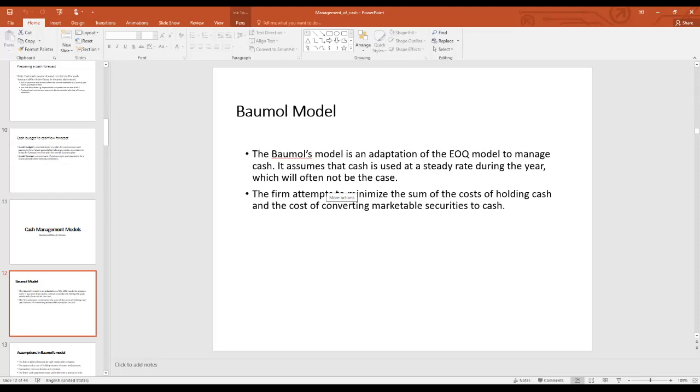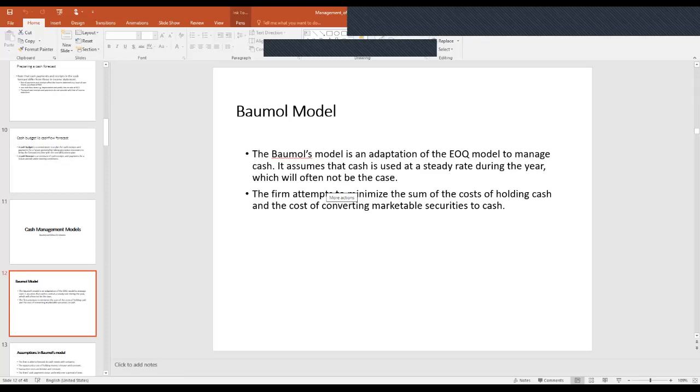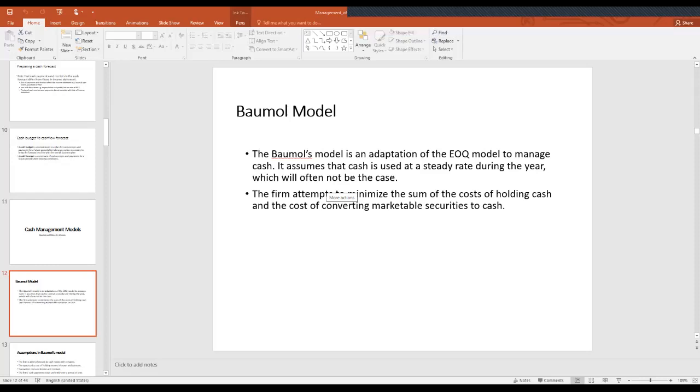The same objective that we had with the EOQ, where under inventory management we said the objective was to estimate the optimal amount of inventory the company should order every time they make an order from suppliers. How much inventory should we be ordering from the supplier? The same thing applies here.